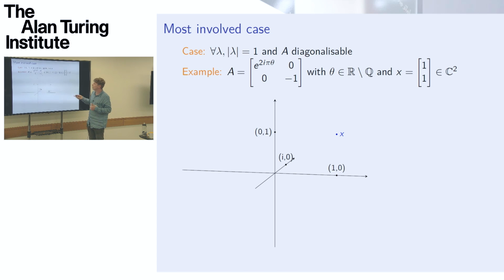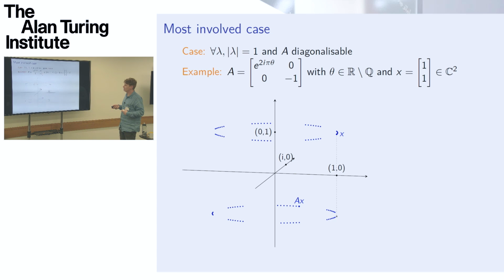I can draw this in 3D because we have 2 dimensions for the first complex coordinate and 1 for the second coordinate. This plane here corresponds to the first complex coordinate, and this corresponds to the second coordinate that's just going to alternate. So this is x, and then ax is like I get on the second complex plane, and I just make a rotation of angle theta, and so on.